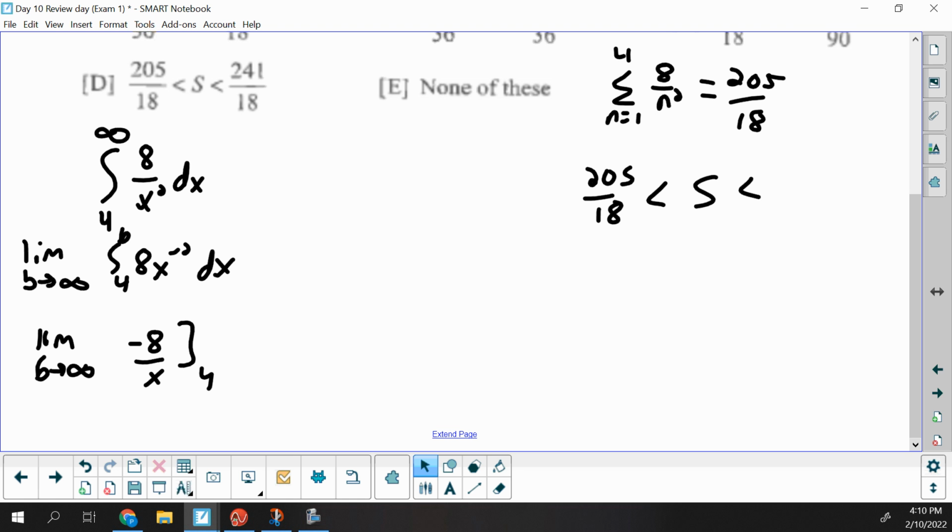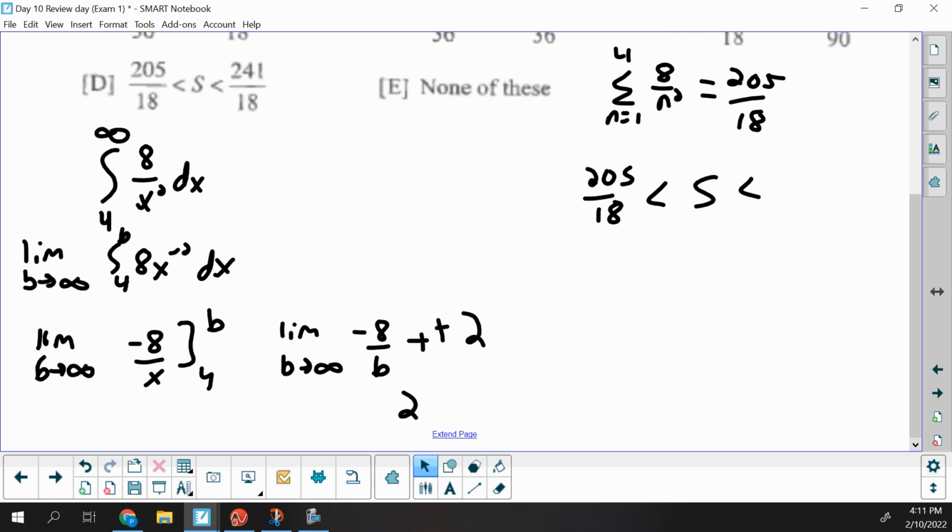And we're going from 4 to b. Well, this is going to be the limit as b approaches infinity. We'll have negative 8 over b minus a negative 2. Well, this will become plus. As b goes to infinity, that first fraction goes to 0, so this is 2.